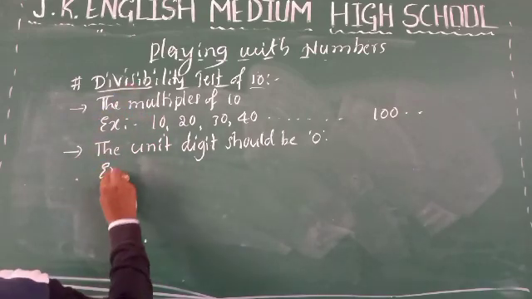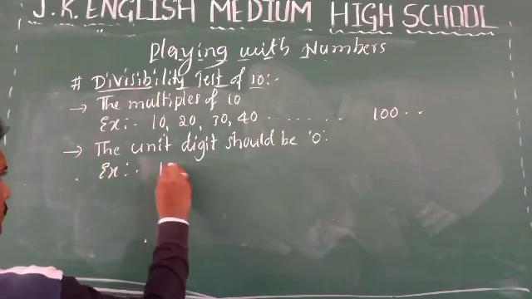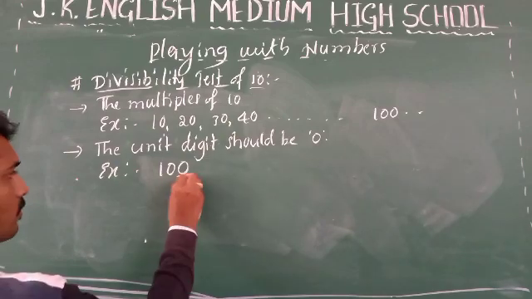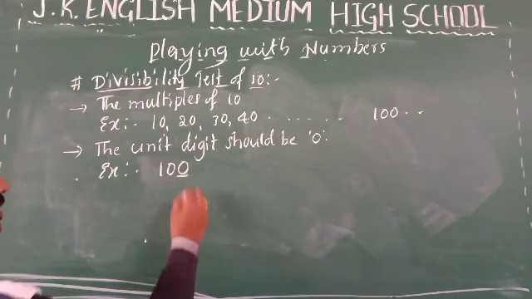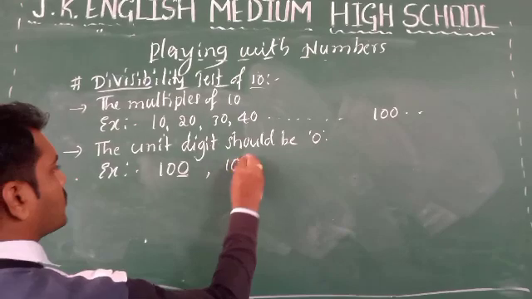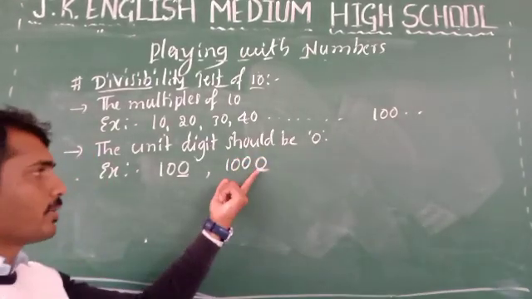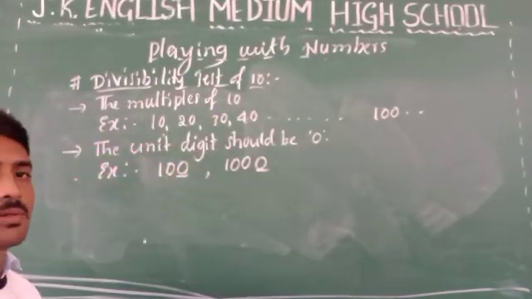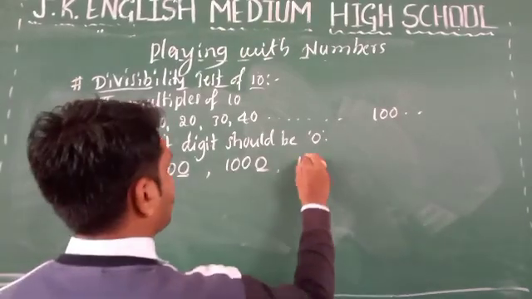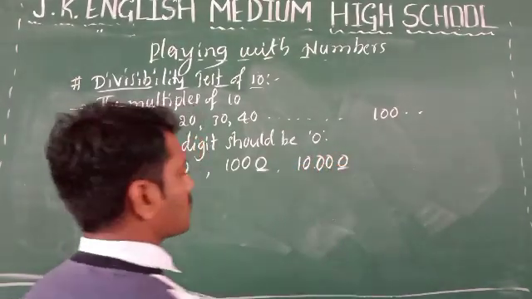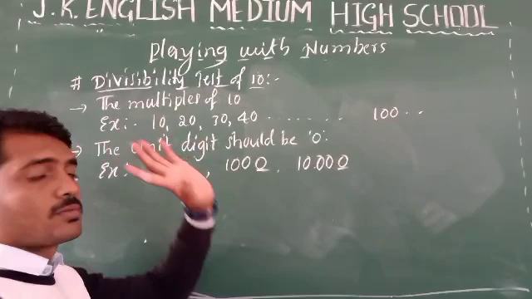If the unit digit is 0, that number is completely divisible by 10. For example, 100. What is the unit place? 0. So it is divisible by 10. Next, 1000. What is the unit digit? 0. Automatically divisible by 10. Next, 10,000. The unit digit is 0, so it is divisible by 10.